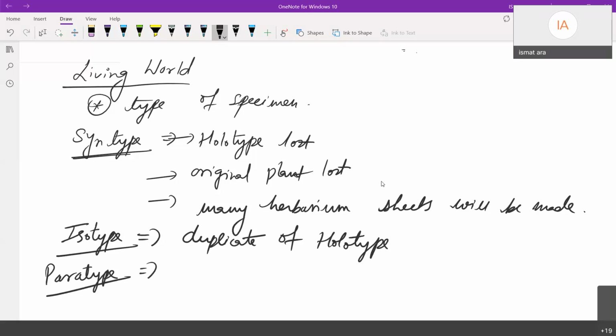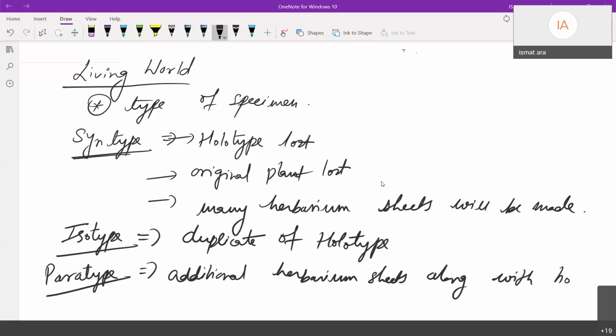Paratype means you have made the holotype, and with that holotype you are preparing other herbarium sheets. That means you are preparing additional herbarium sheets along with the holotype.